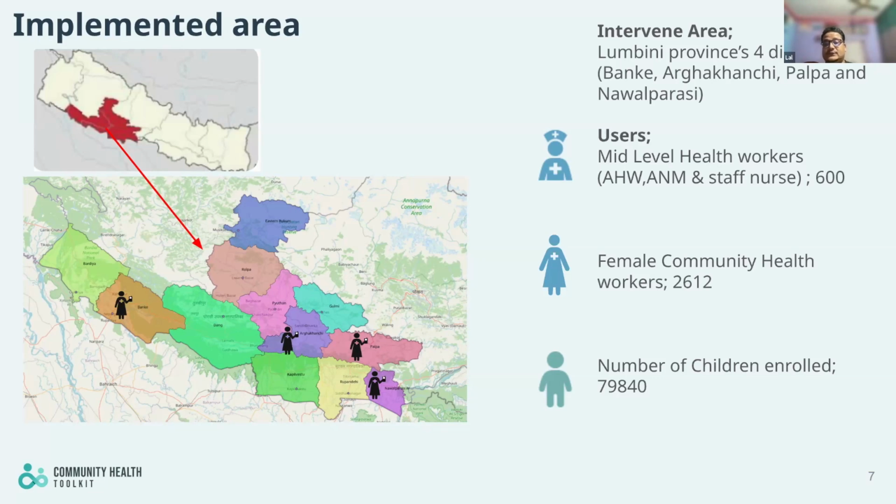Through this, they are helping the system to identify the missed children in a community. And so far 79,840 children are enrolled, and they are receiving services through this ECHIS app.